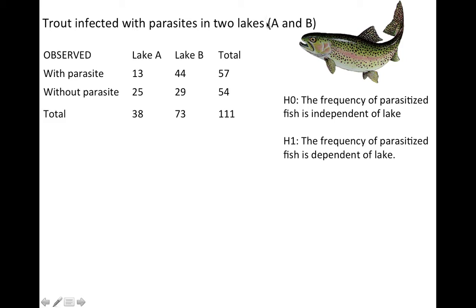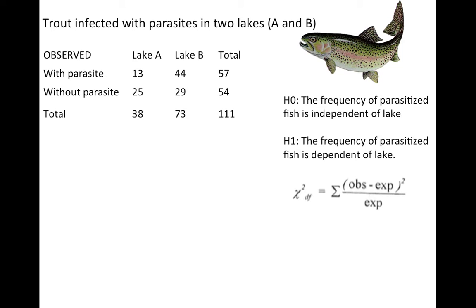For example, the frequency of parasitized fish is independent of lake, and the alternative hypothesis, the frequency of parasitized fish is dependent on lake. Or we could also express it like this. The probability of finding a parasitized fish in Lake A is the same as the probability of finding a parasitized fish in Lake B.